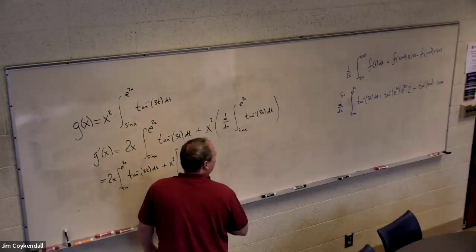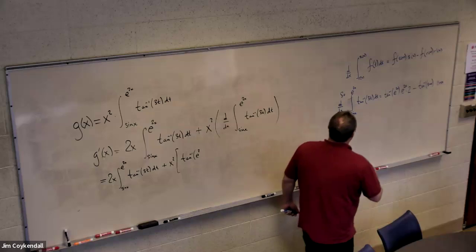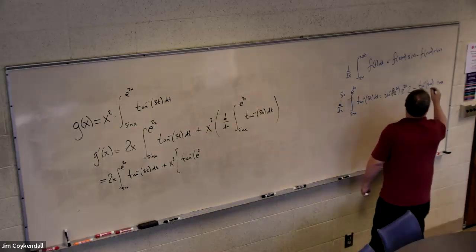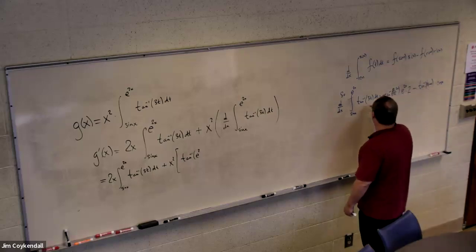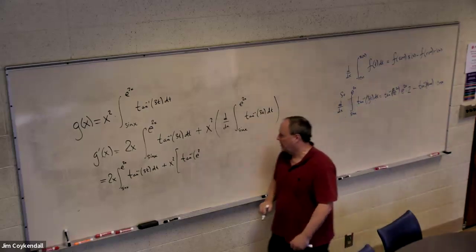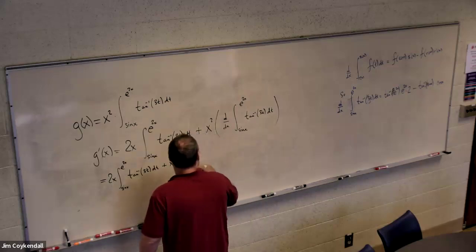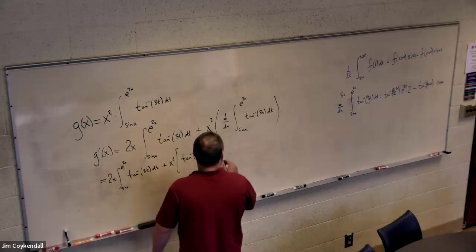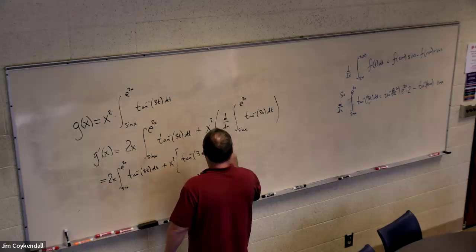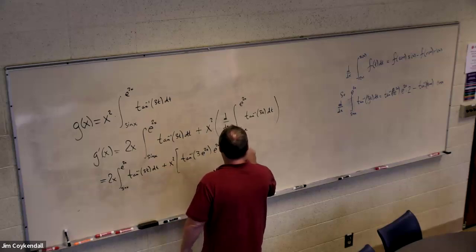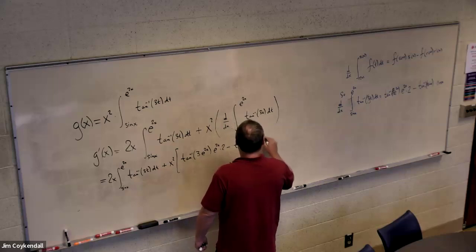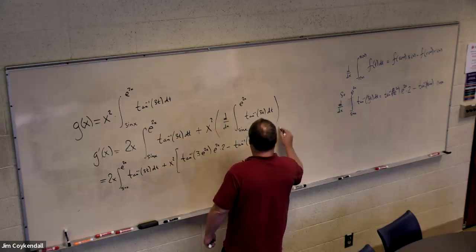Actually it should be tangent inverse, I forgot the full name there. Tangent inverse of 3 e to the 2x, times e to the 2x times 2, minus tangent inverse of 3 sine x, times cosine x.